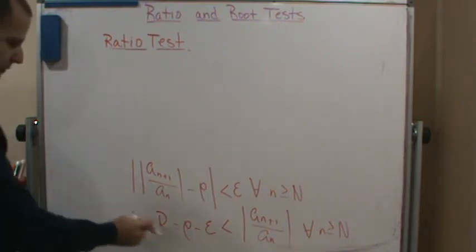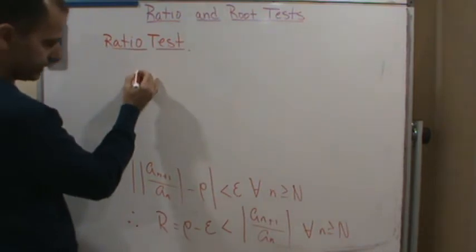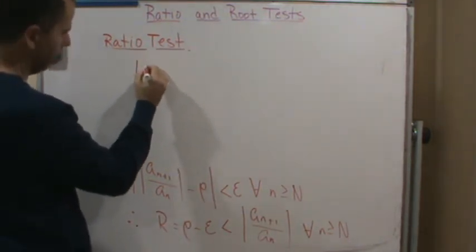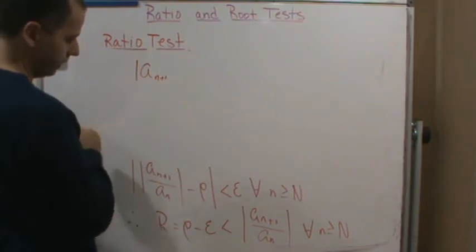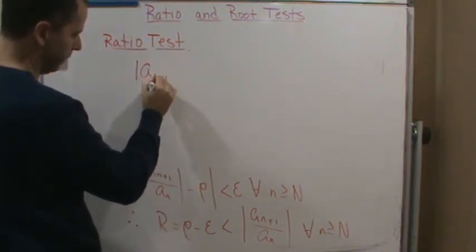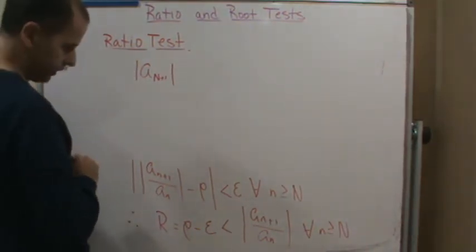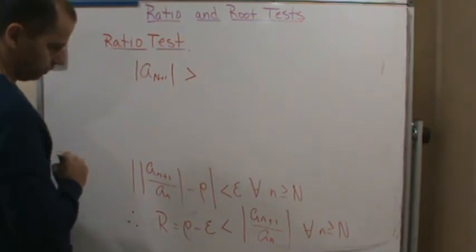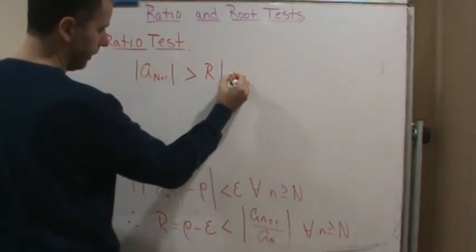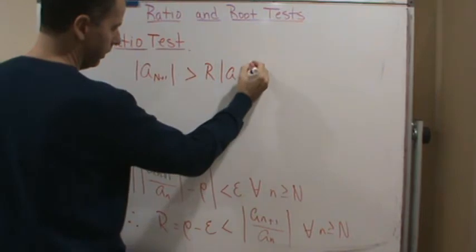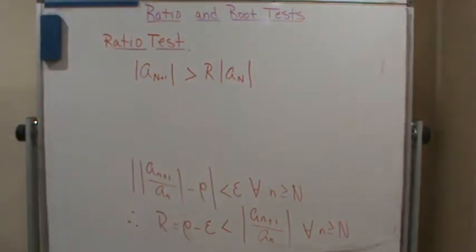So since this is true, we can say that the absolute value of a sub n plus 1, for n at least capital N, is greater than r times the absolute value of a sub n. Okay, so that's what we can say from the previous statement.